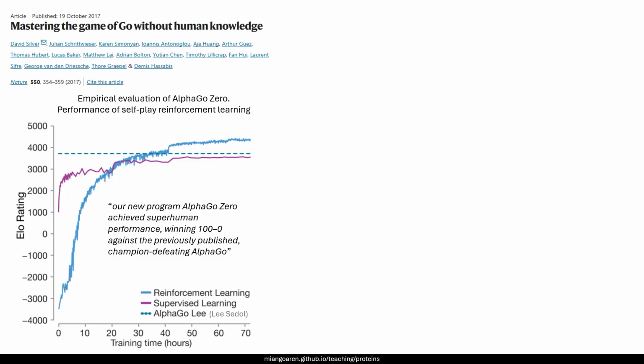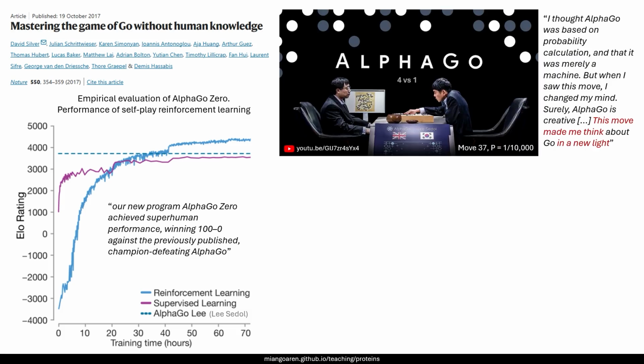DeepMind even dedicated an entire documentary to it that became extremely famous, where AlphaGo demonstrated a certain degree of creativity because it played a move which has already gone down in history, known as Move 37, which turned out to be extremely unlikely to be executed.